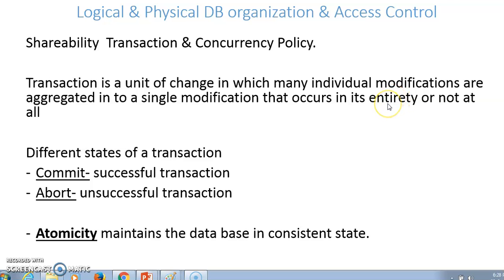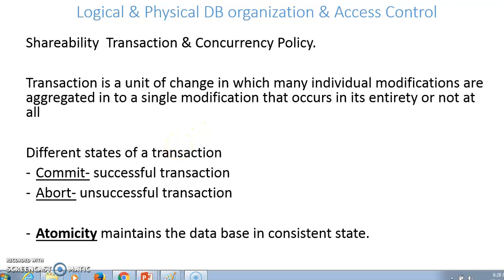For this, we can take an example of withdrawal of money from an ATM machine. Once you go to an ATM machine to withdraw an amount, your transaction begins. You insert your card, you request money, you insert your PIN, then you get your money, then the receipt is received.